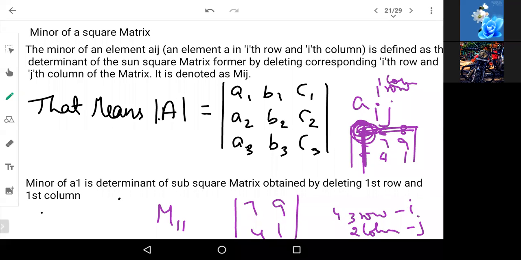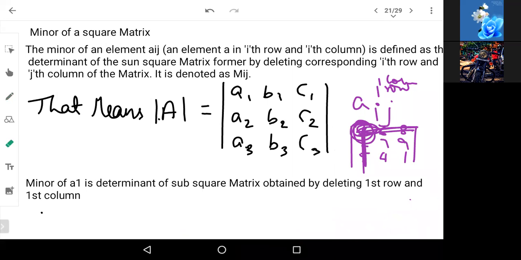Now let us try and find one more minor for you to understand it better. Now let us find the minor for the next element, which is 6. So 6 is the second element. Now where is 6 situated? It is situated in first row, second column. So I am finding the minor for first row and second column.